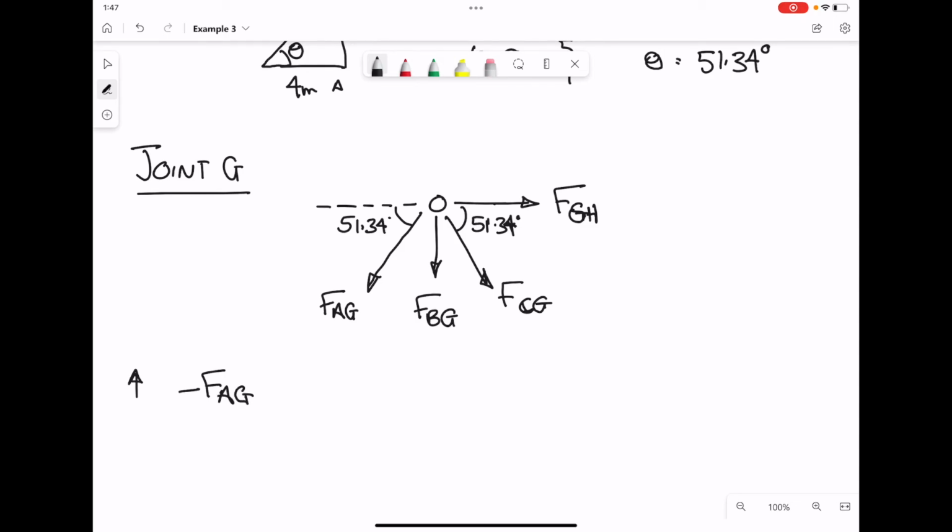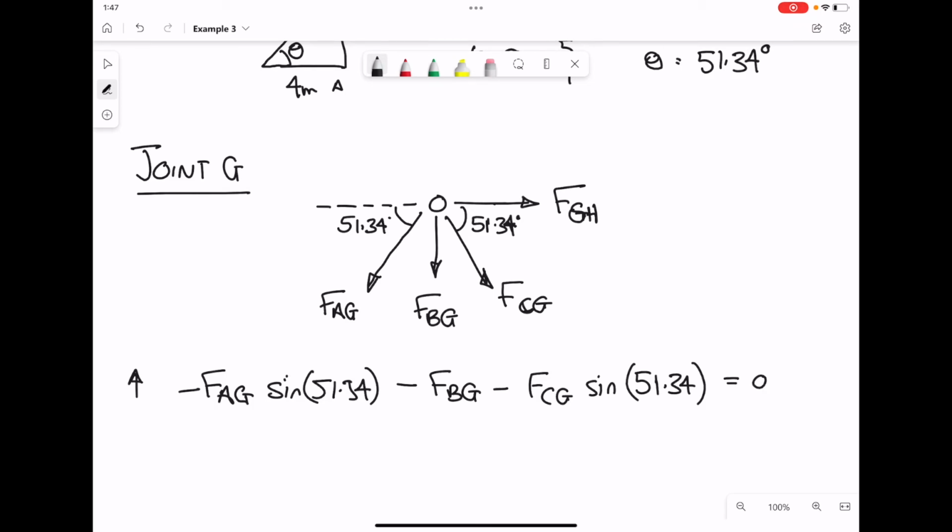It has to be split, so we're going to take the sine of the angle, 51.34, minus force BG, because it's acting solely downwards, and similarly force CG, it's acting partially downwards, so we have to use the sine of the second 51.34 degrees. For equilibrium, they must all add up to give you 0.